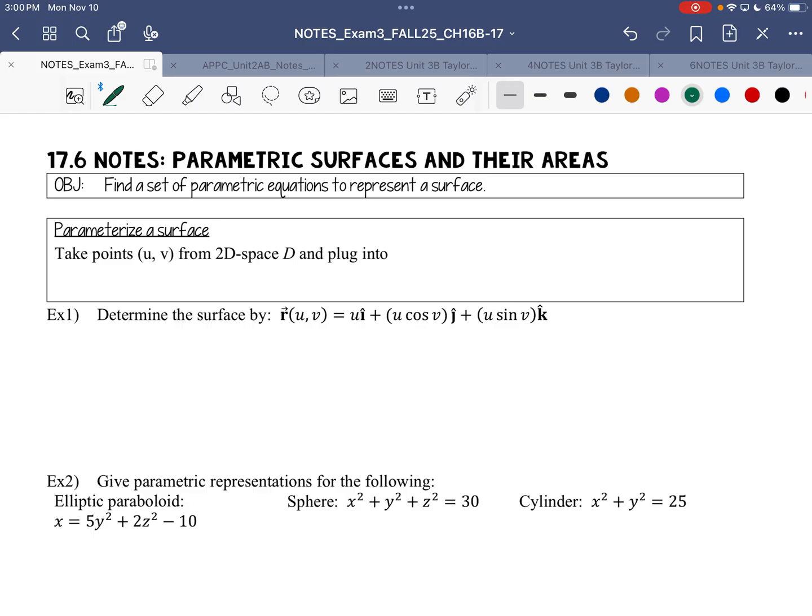So if you take a point (u, v) from a 2D domain, and it would maybe be easier or more useful to plug it into a 3 variable surface, then you're saying r is a function of u and v, and you have x as a function of u and v, y as a function of u and v, and z as a function of u and v.